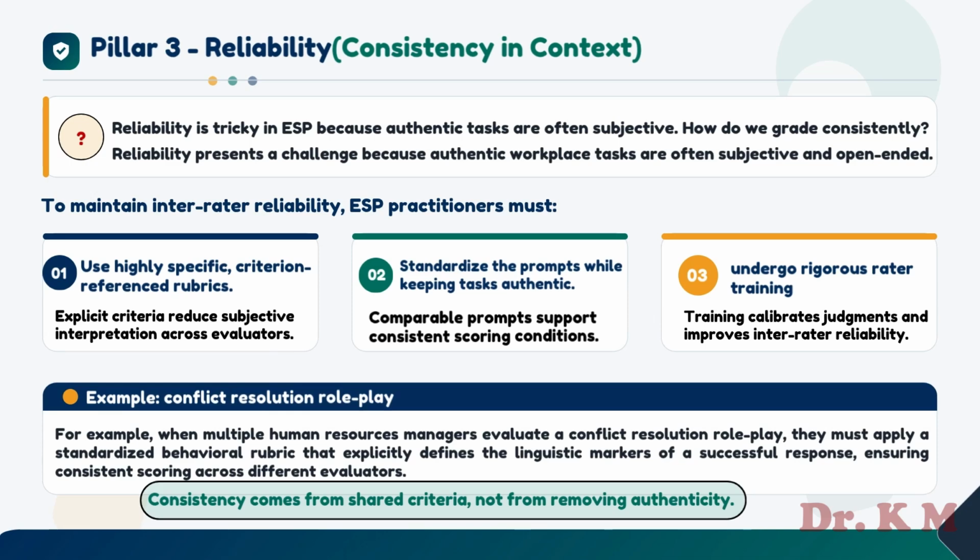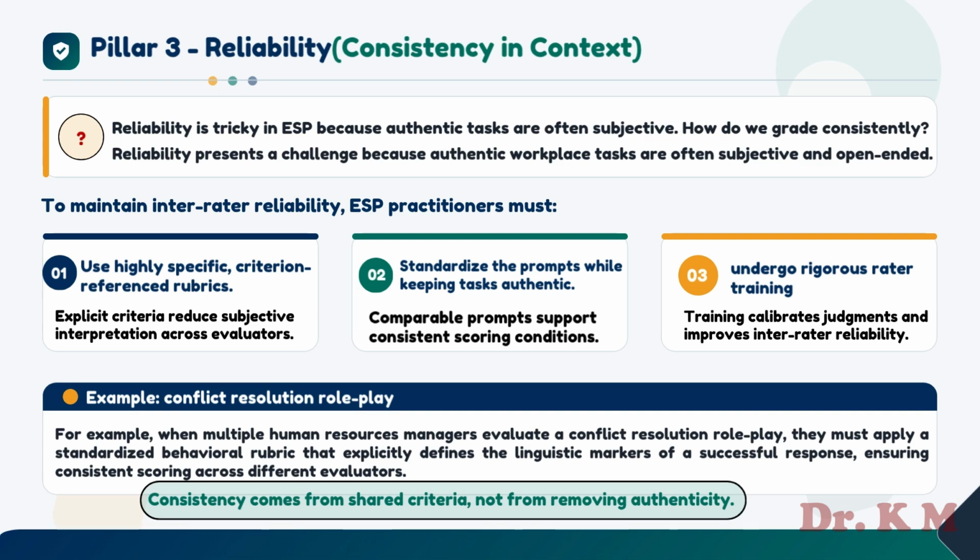Pillar 3, Reliability. Reliability is tricky in ESP because authentic tasks are often subjective. How do we grade consistently? Reliability, or the consistency of assessment scores, presents a challenge in ESP because authentic workplace tasks are often subjective and open-ended. To maintain inter-rater reliability, ESP practitioners must use highly specific, criterion-referenced rubrics.